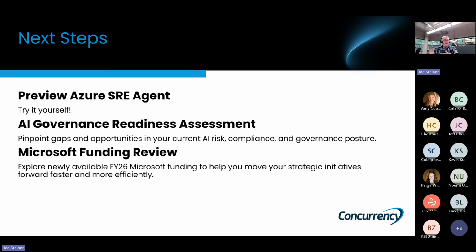Also, you should look at the Microsoft funding available. If you're exploring AI projects, there is a whole host of funding available with Microsoft's new fiscal year, which started July 1st, to help you move forward with any AI initiatives that you're after, and those are things that we can help you navigate as well.